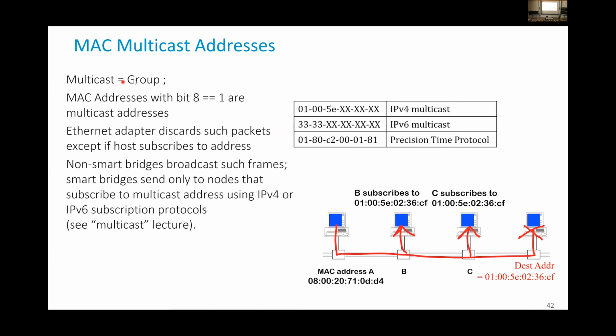We've seen that there are multicast addresses, and IPv6 loves multicast addresses and, in fact, hates broadcast and avoids broadcast by all means. So IPv4 multicast addresses are mapped to this specific prefix, and IPv6 to that one here. And an Ethernet adapter must be configured to what we call subscribe to a MAC address.